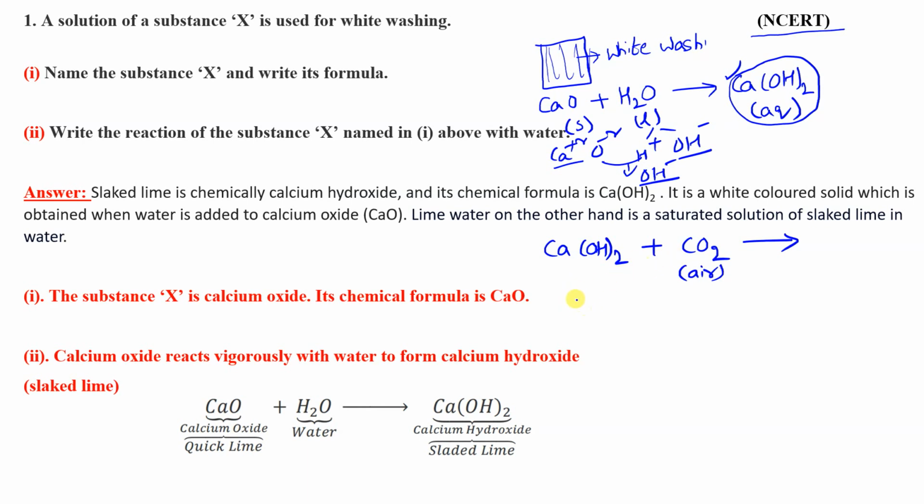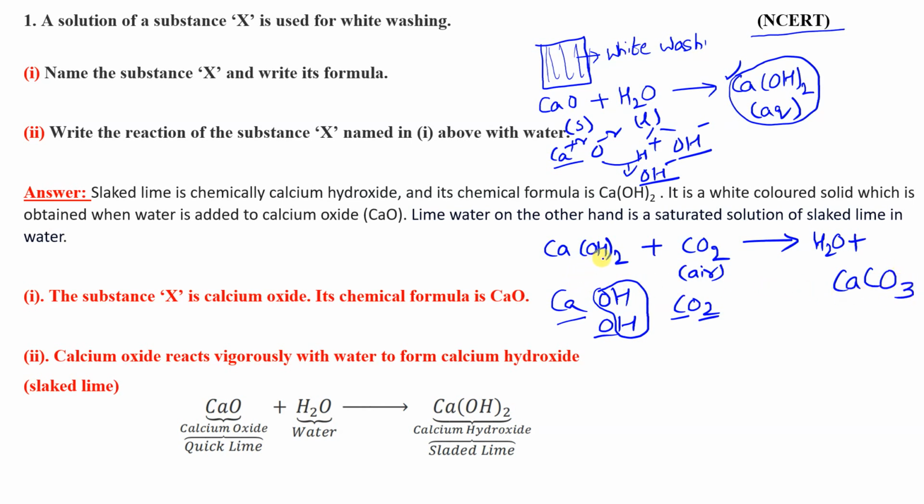What it forms: calcium with the two OH groups, with one CO2. These combine and break out as H2O. Water goes out and what remains is one calcium, one carbon, but oxygens are 3. So it is CaCO3.